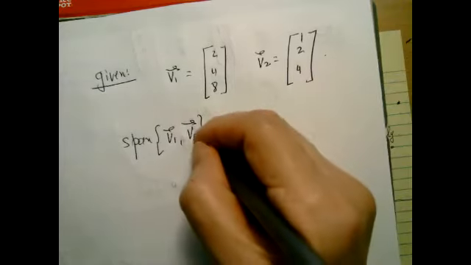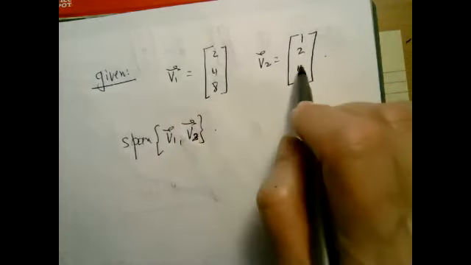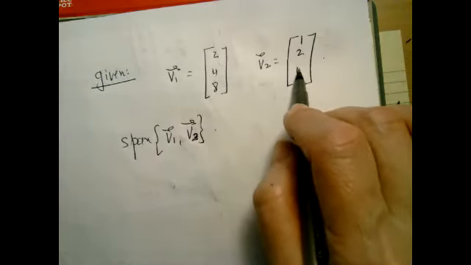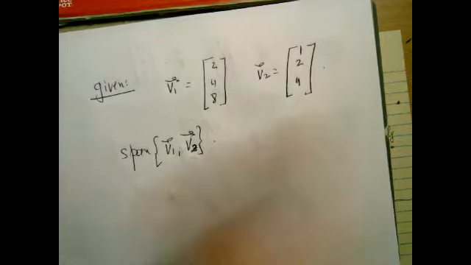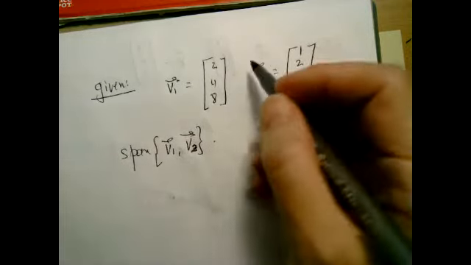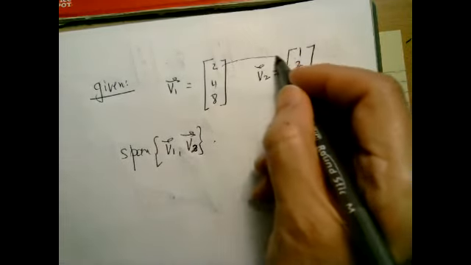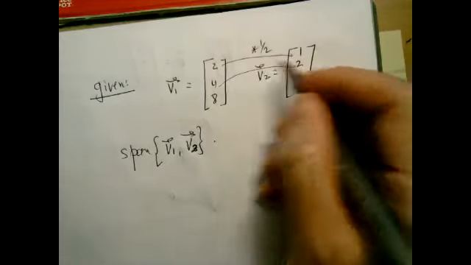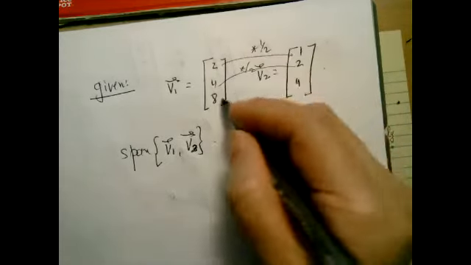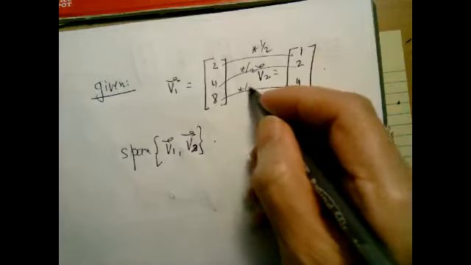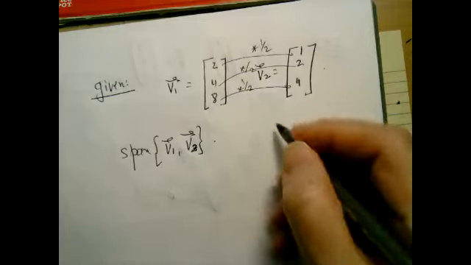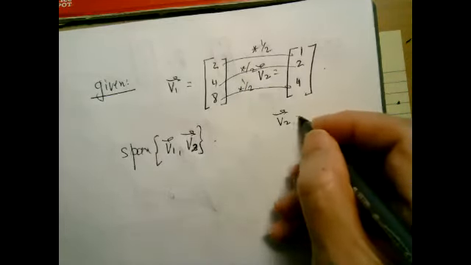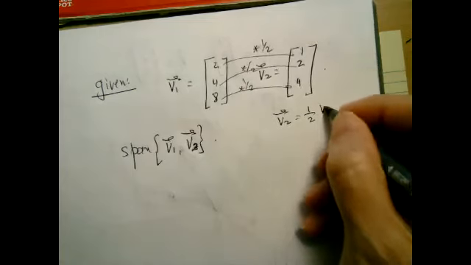You always ask yourself the questions: are they scalar multiples of each other? Is one the stretch of the other one? Now, if we follow very carefully from here to here, you multiply by a half. So it's the same multiplier, by a half and by a half. So it means that V2 is nothing more than a half V1.